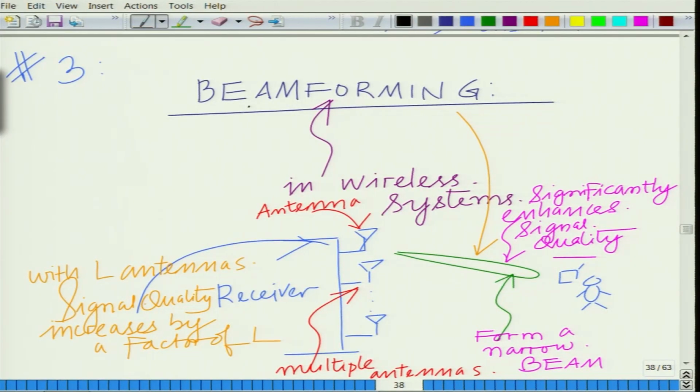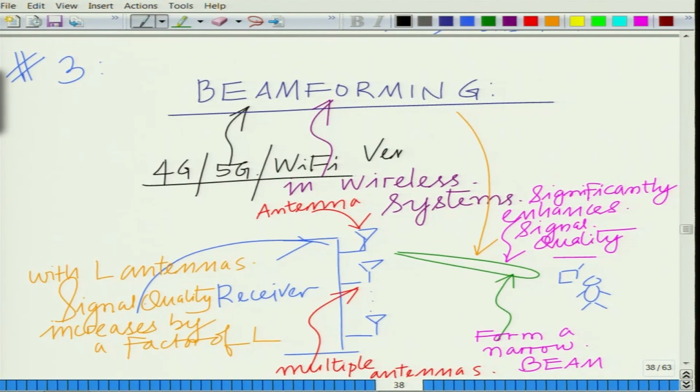This is a technology that is actively used in 4G and 5G, and to some extent Wi-Fi, and is something very important.